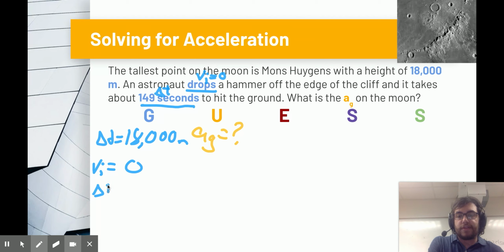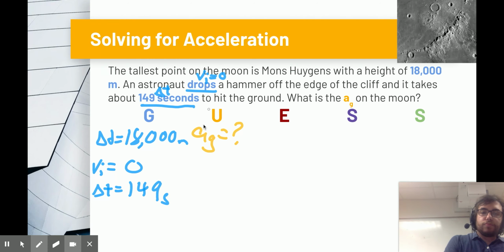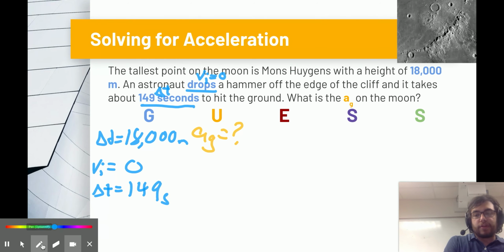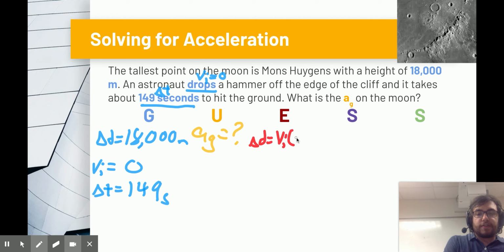So my delta T is equal to 149 seconds. You already know the AG because I wrote it earlier. The only equation that has these four things is displacement is equal to Vi times delta T plus 1/2 times A times T squared.